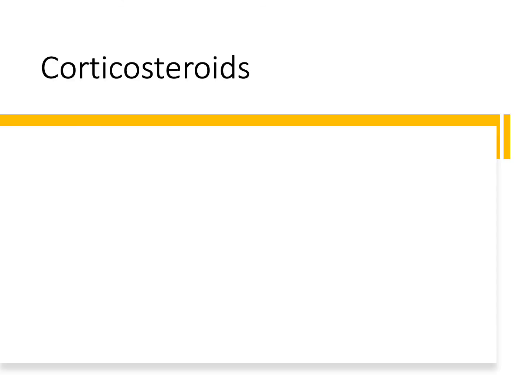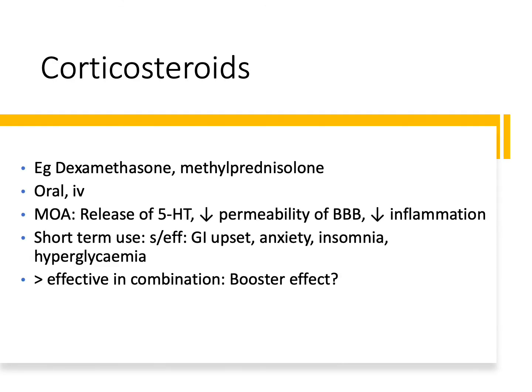So I move on. We've got corticosteroids, which are the third partner. We know how steroids work, as you covered in other classes. But to be frank, we don't really know exactly what the action of corticosteroids is that inhibits the nausea and vomiting sensation. What is proposed is that it releases a little bit more 5-HT and reduces site inflammation and so on.